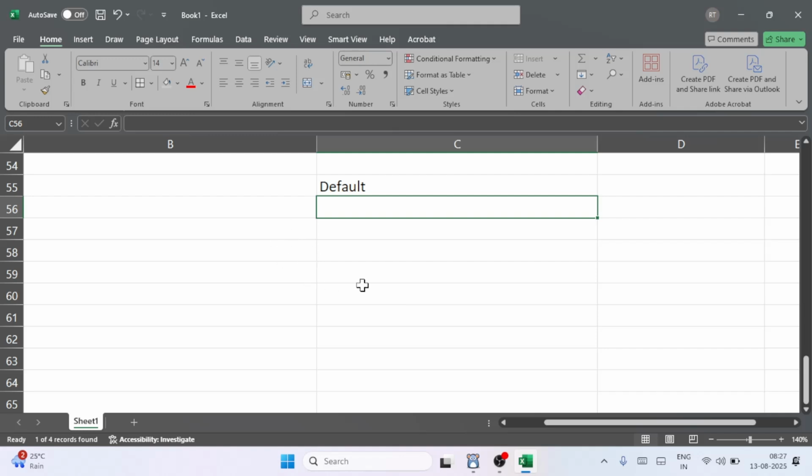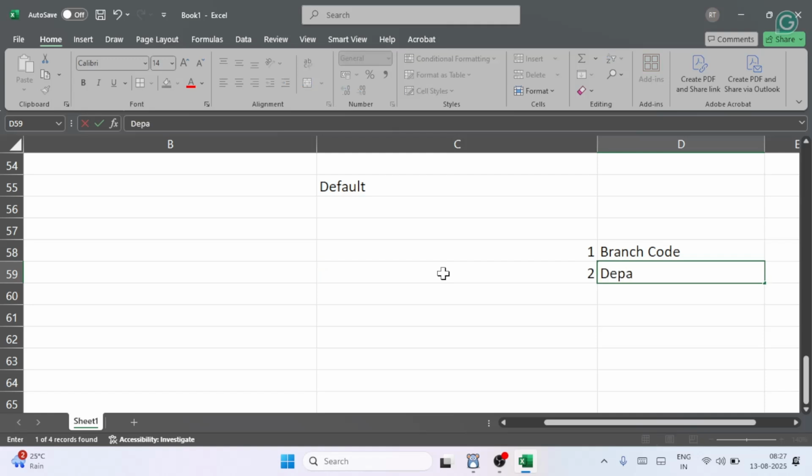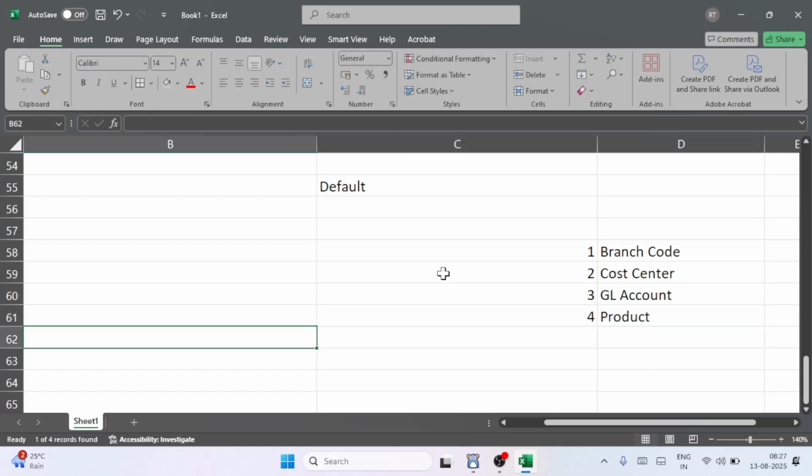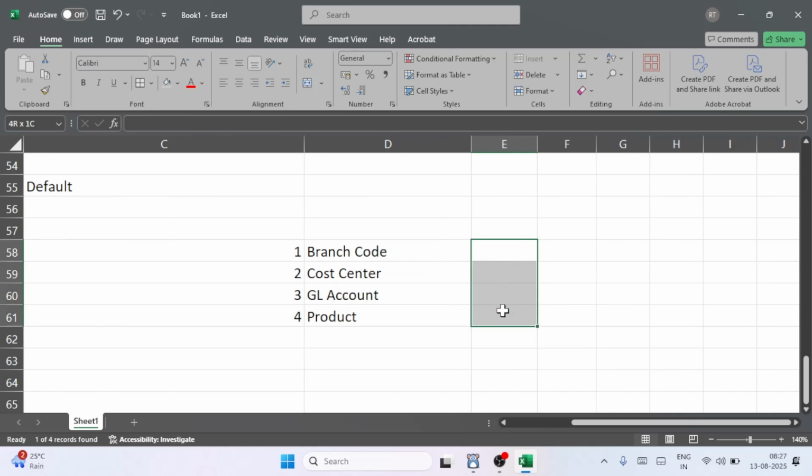Now, the dimensions which we are seeing is transport, department or cost center, GL account, or these dimensions in Oracle we call them as segments.